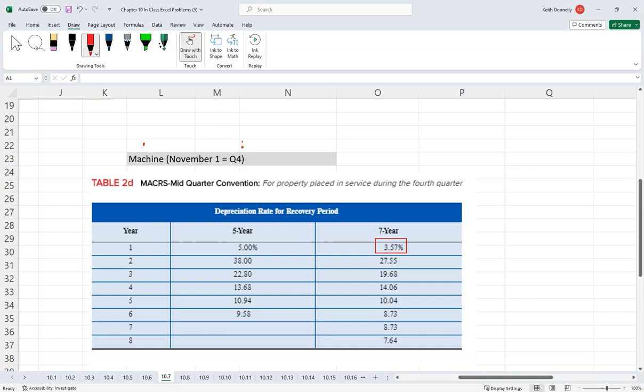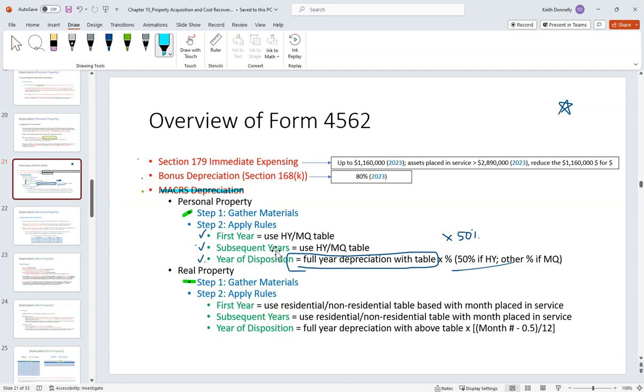The machine, we're using the mid-quarter one. We put it in service in quarter four. We got to use that table, right? You just individually analyze it. So again, for the mid-quarter convention, right, first year of sale, use the table. Subsequent years, use the table, right? It's very simple, right? Once you find the table, you just move down.